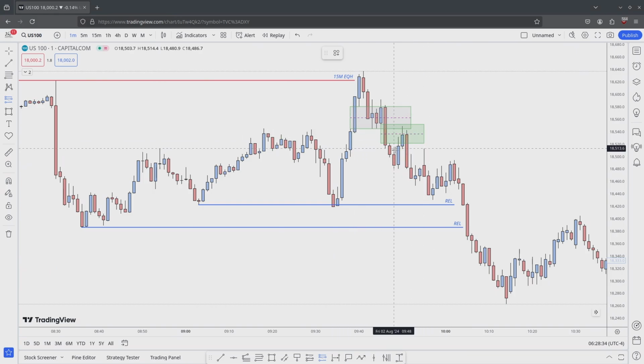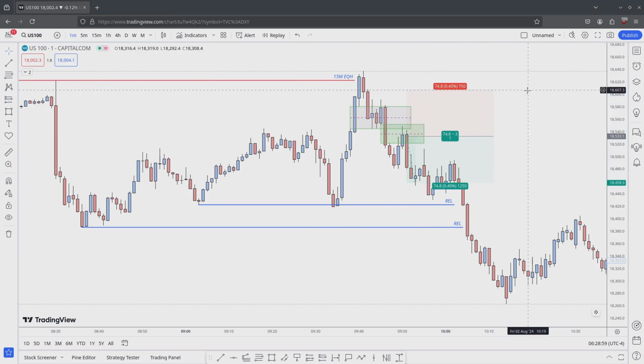Price traded into that mean threshold, traded up into the inversion low, rejected and closed below the fair value gap consequent encroachment. So when it rejects like this and it closes below that, you could take an entry in there.